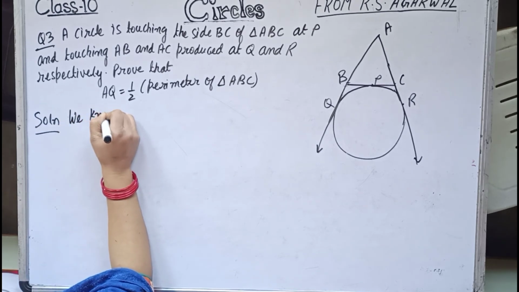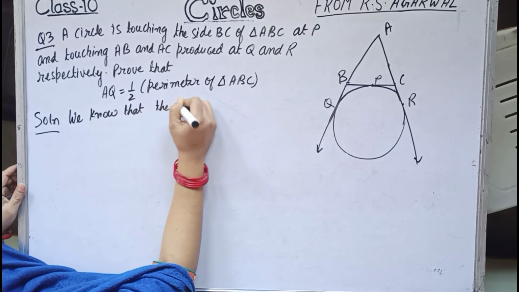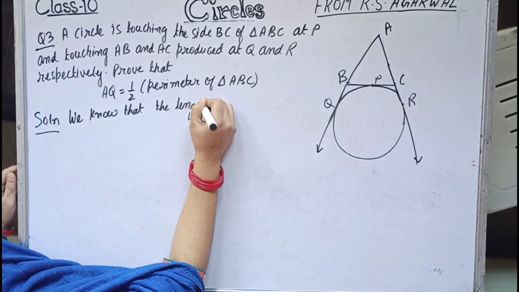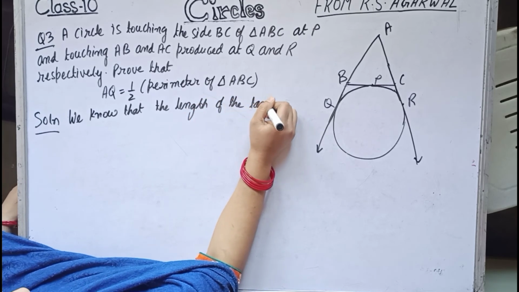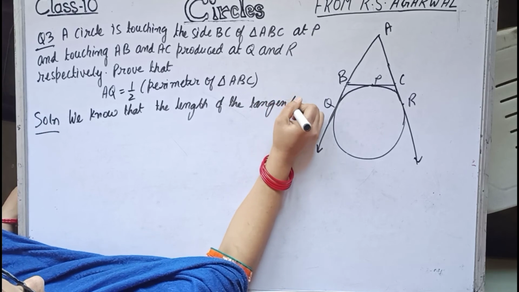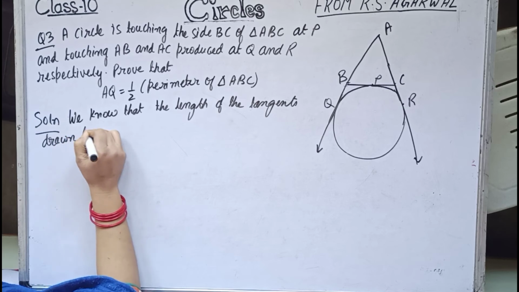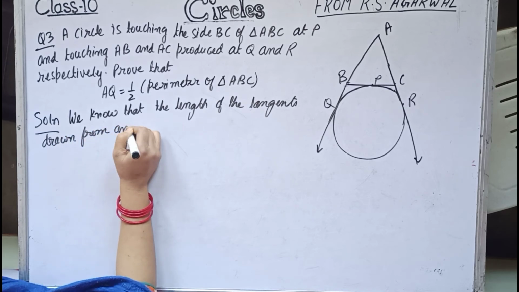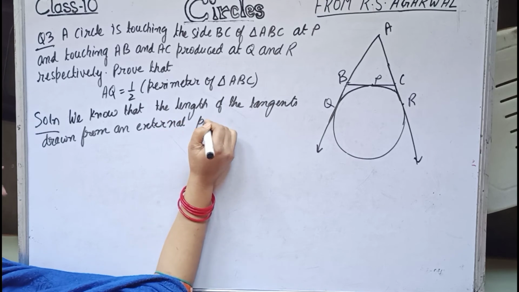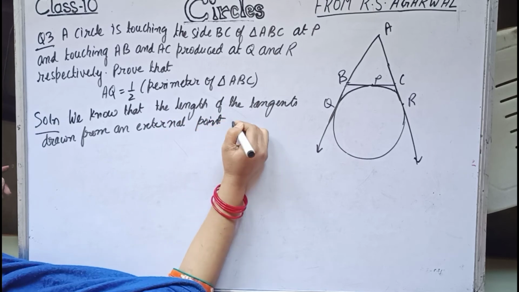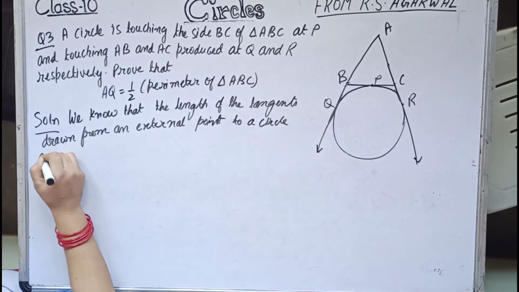We know that the length of the tangents drawn from an external point to a circle are equal.